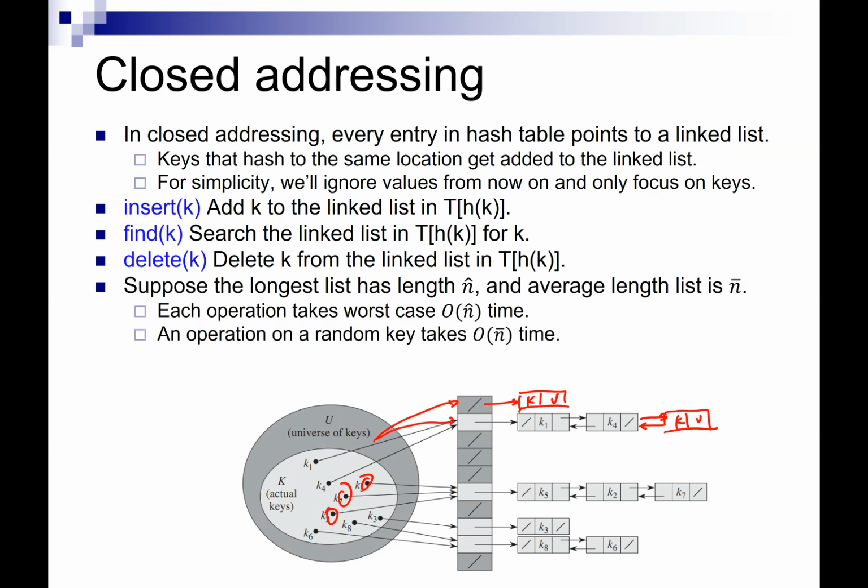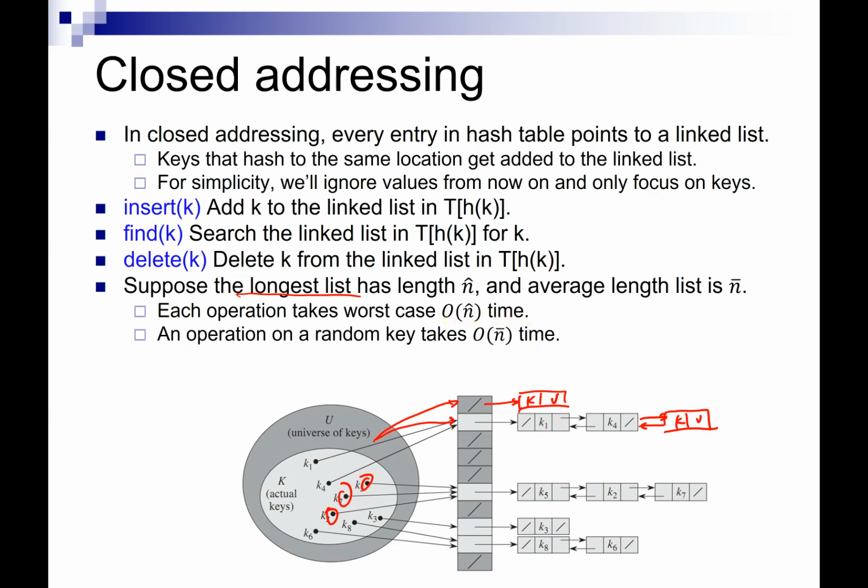Now, these different linked lists can have different lengths. Suppose that n hat here is the length of the longest linked list, and let's say that on average, these linked lists have size m bar. Then in the worst case, if you happen to have a key which hashes to this longest linked list, whenever you do a find, for example, you're going to have to go through this entire linked list, and that's going to take you order n hat time.